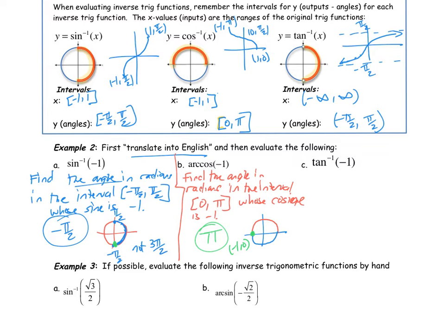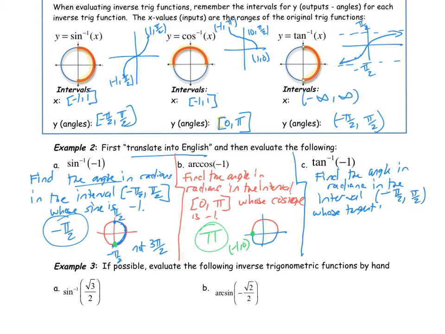Okay, for tangent inverse, when we're asked to evaluate that, so in this one in particular, tangent inverse of -1, it means find the angle in radians in the interval, in the open interval, we should say, -π/2 to π/2, whose tangent is -1.